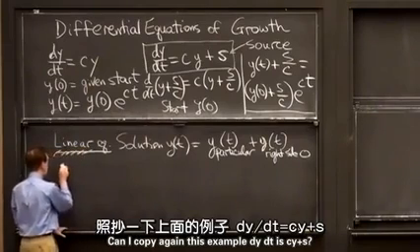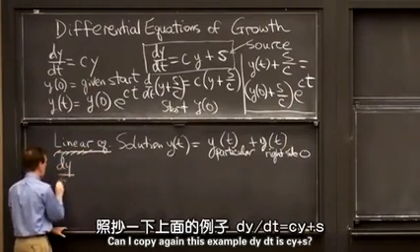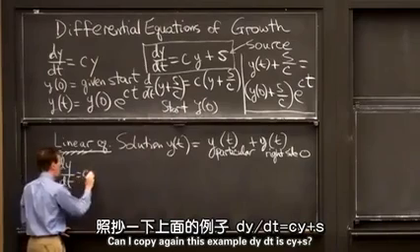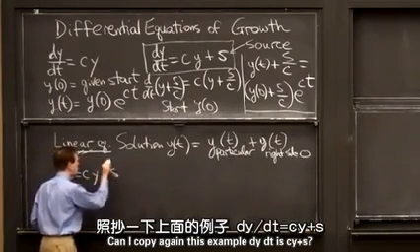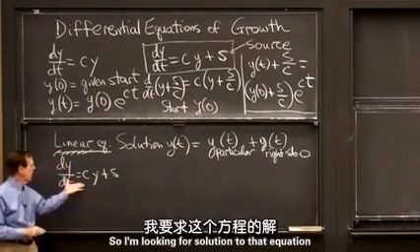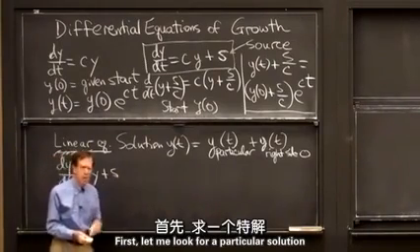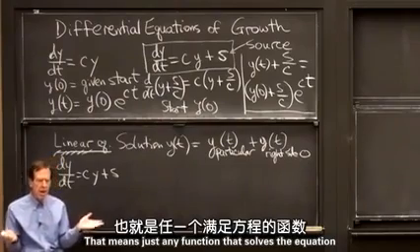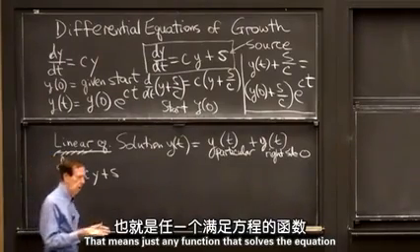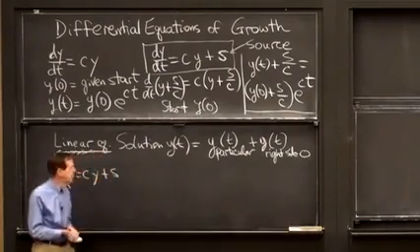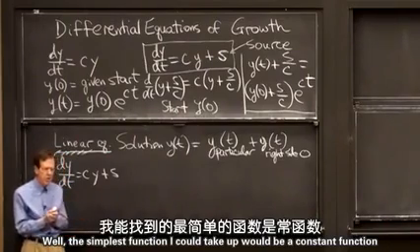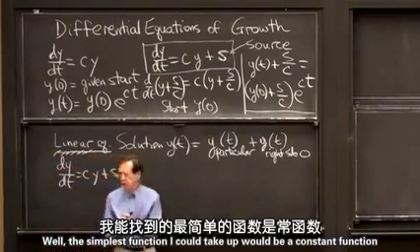Can I copy again this example? dy dt is cy plus s. So I'm looking for a solution to that equation. First, let me look for a particular solution. That means just any function that solves the equation. Well, the simplest function I could think of would be a constant function.